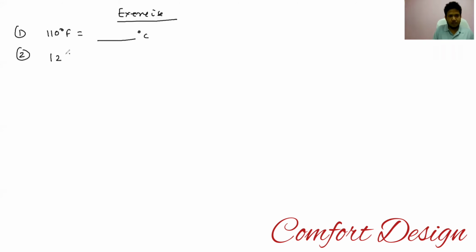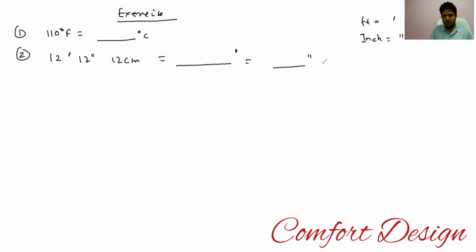Single line represents feet. Inch is represented by double line. 12 feet, 12 inch, 12 centimeter. This entire value is how much feet, entire value is how much inch, and entire value is in how much meter.